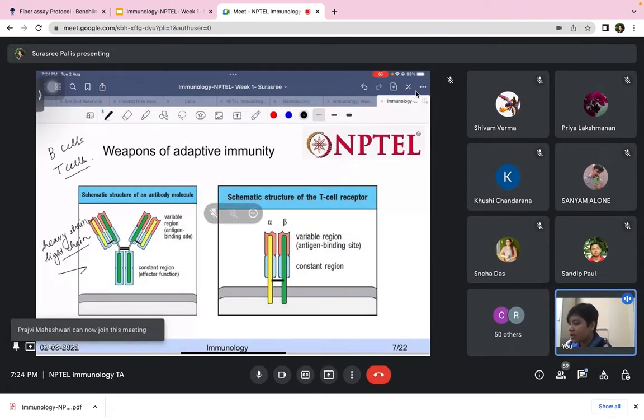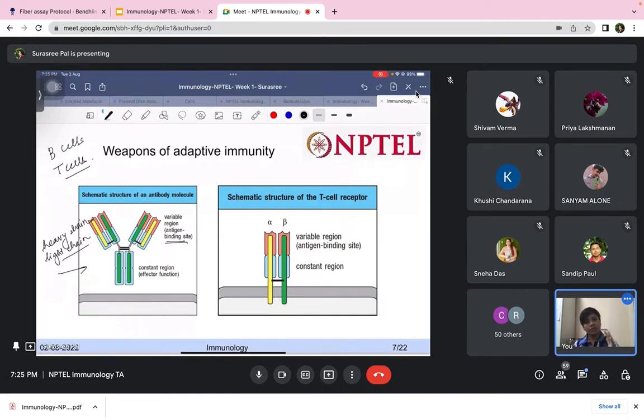It forms the antigen binding site with which it can recognize any kind of chemicals. So antibodies can potentially recognize any type of chemical structure, be it proteins or any other types of structures.